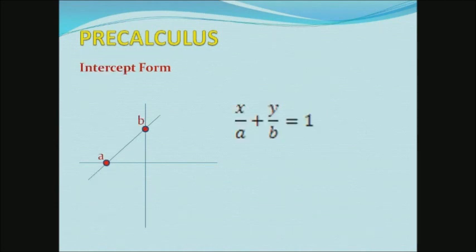The next form is the intercept form. So, in this type of form of the equation of the straight line, we have a straight line and then the two intercepts are given. So, those are the x-intercept and the y-intercept. Now, the intercept form is x over a plus y over b equals 1. So, a here is our x-intercept and b is our y-intercept.